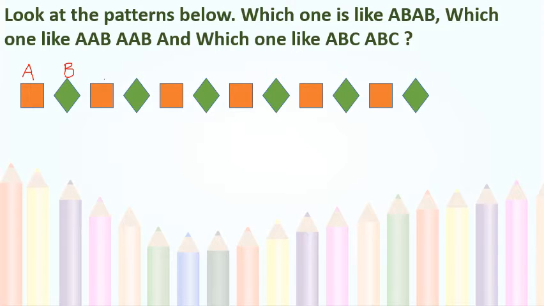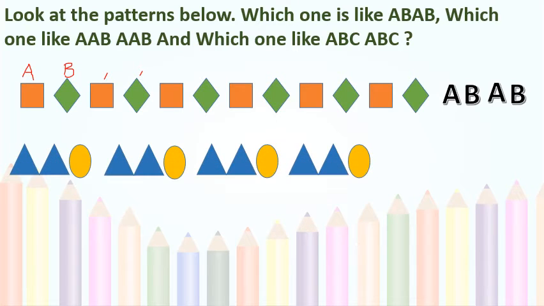Again this is A, this is B, means we have got AB, AB pattern. Got that? Which pattern is this? AB, AB, isn't it? Because rectangle is repeated after diamond. Right? Okay, see the next one.